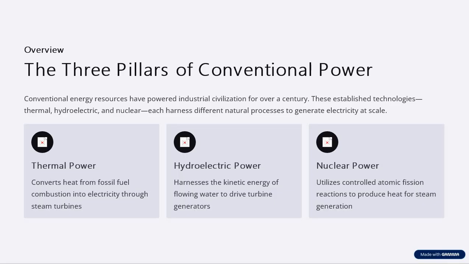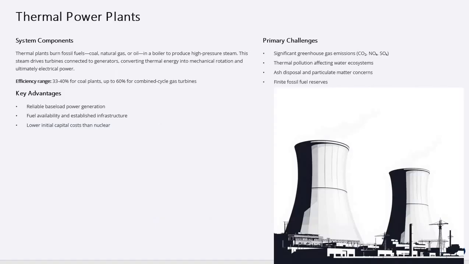And the third one is nuclear power. It utilizes a controlled atomic fission reaction to produce heat for steam generation. That steam is used to run the turbine to produce electrical energy.